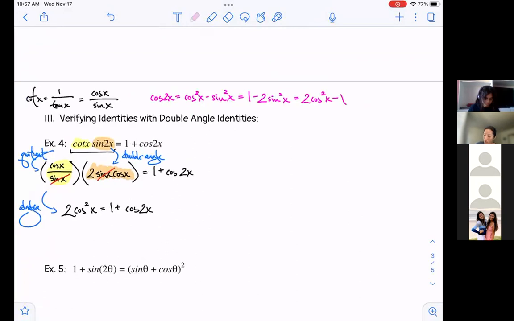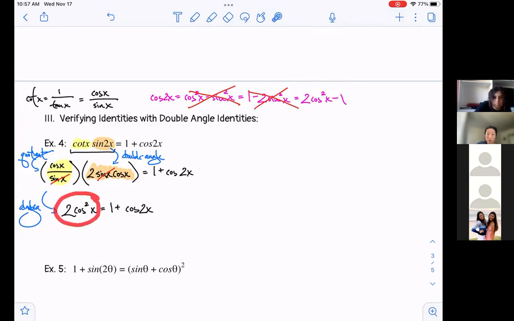So of those 3 versions, I probably don't want to pick the one with the sine squared. Are there any signs on the right-hand side? I don't see any signs where we're going, so maybe I don't use this one either. Okay, well, I have one left to choose from. 2 cosine squared minus 1.